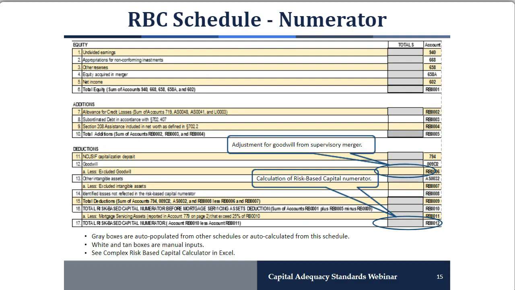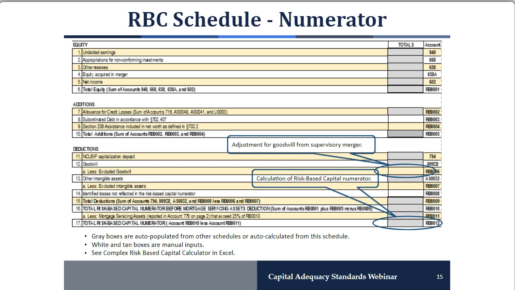Thank you, Rick. Let's begin with an illustration of the RBC numerator calculation. The majority of numerator components are auto-populated from other sections of the call report. As mentioned previously, goodwill from a supervisory merger is set to the total goodwill in account 009D2. This line, shown here, RB0006, must be manually entered by credit unions.